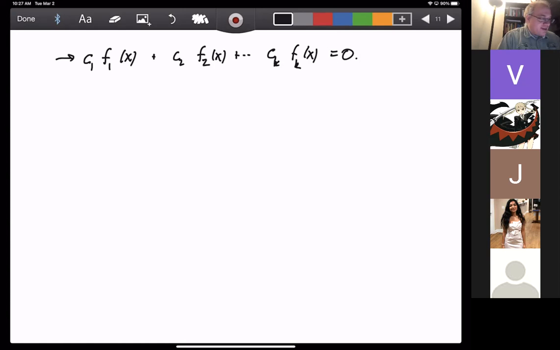So if this thing on the left evaluates to zero everywhere, it's a function of x here, well, let's take the derivative. The derivative of a constant is zero. So on the left, we're just going to differentiate term by term.